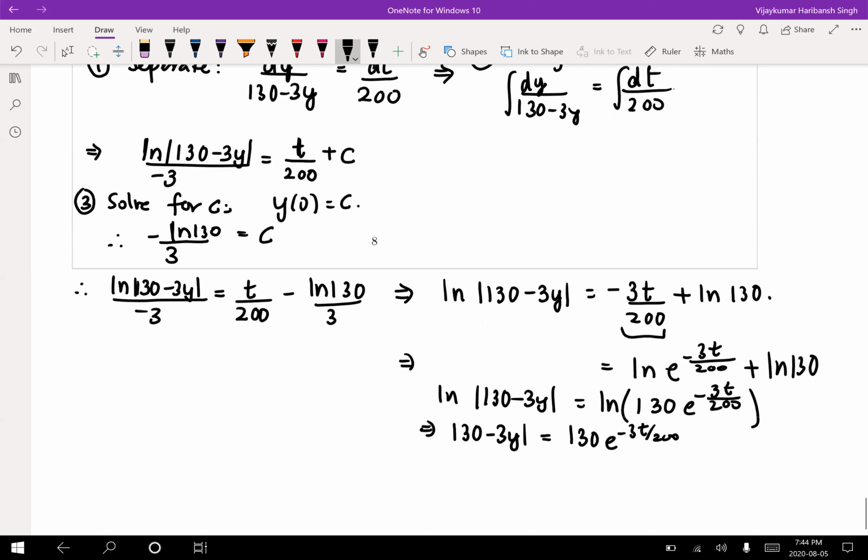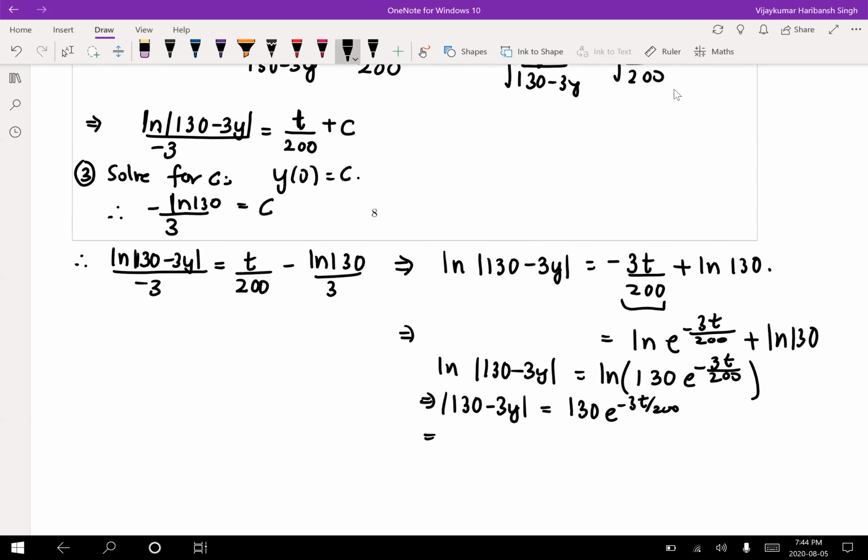So this will give me 130 minus 3y equals 130 e to the power minus 3t by 200. Now why is that? Because this side is always positive.